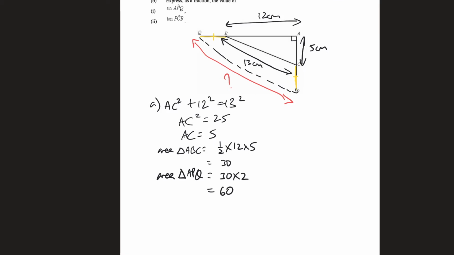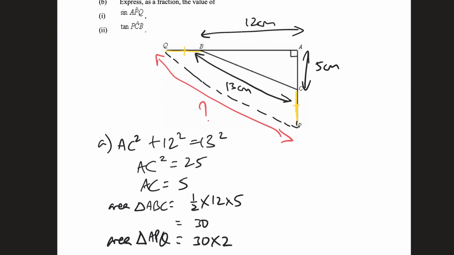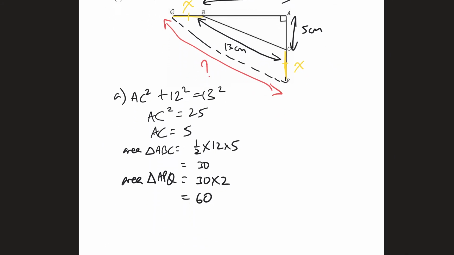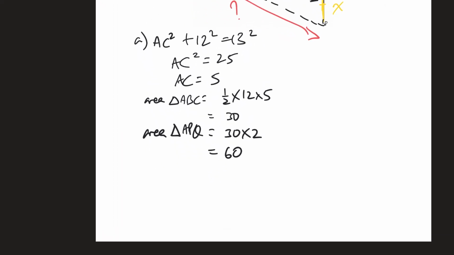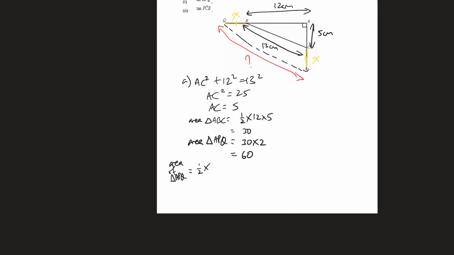And how does that help me? It helps me because if I'm trying to find this length, what I might need to do is apply Pythagoras theorem. To apply Pythagoras theorem to this triangle, I need to find this yellow part. So let me just call it x, since they are the same. The area of APQ is 60, so I'm going to say the area of triangle APQ is half times, what is my base? 12 plus x.